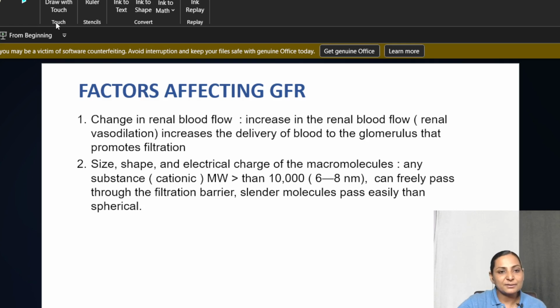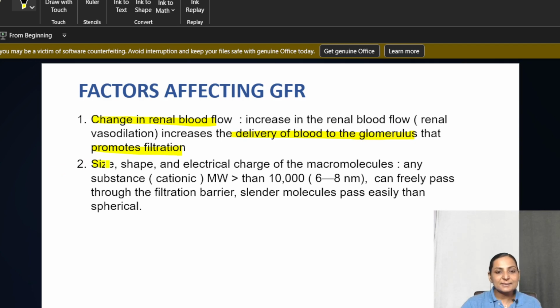So the other factors which can affect our GFR include the changes in the renal blood flow. If there is an increase in the renal blood flow, that means if there is renal vasodilatation, there is going to be increase in the delivery of the blood to the glomerulus, and that will increase GFR. So if the renal blood flow increases, there will be increase in the GFR.